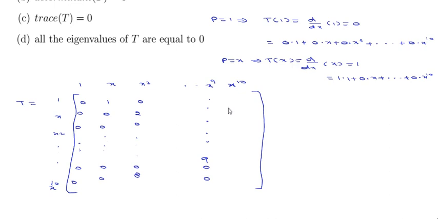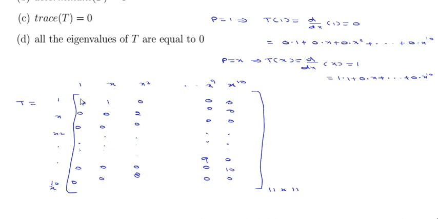And x power 10, so when you differentiate x power 10, we will get 10 x power 9. So therefore all these entries are 0, and it goes on like this, 0 10 0. So the order of this matrix will be 11 by 11.